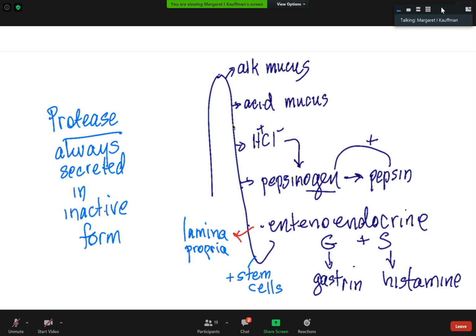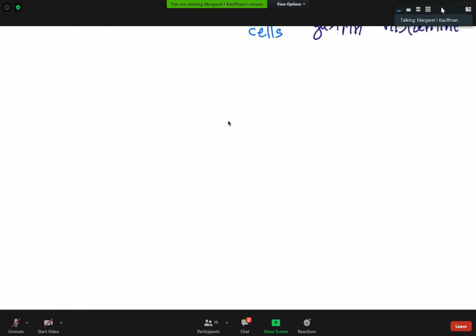I don't know that for a fact, but it's possible that that's what's going on. Or they could be making lots of different ones, and somehow they don't become active until they're pushed up into the part up here. So this is touching on a few ways in which the stomach is protecting itself against self-digestion, which is question 16.